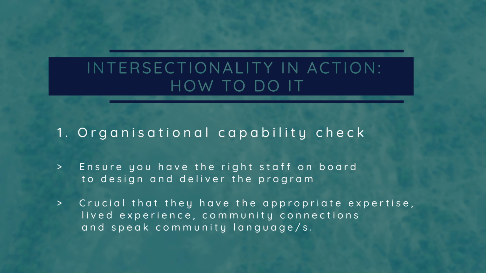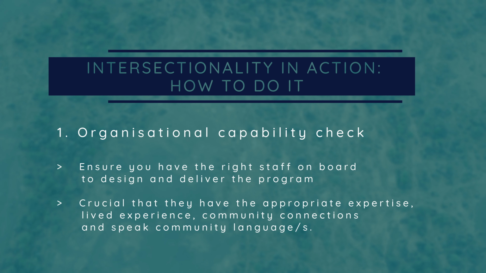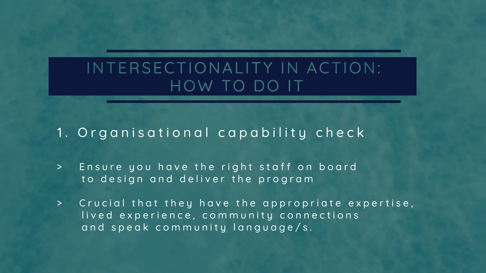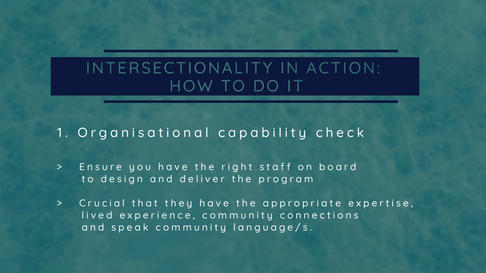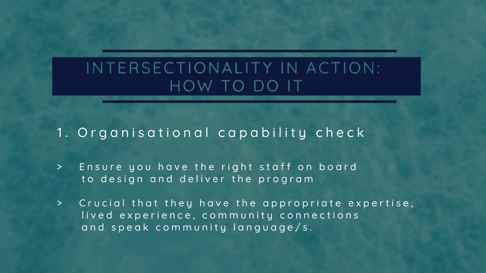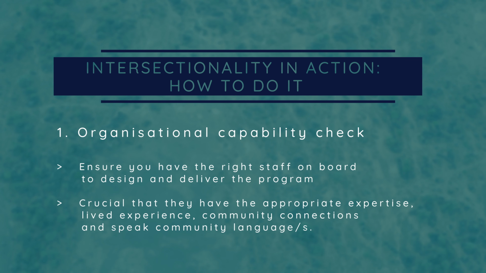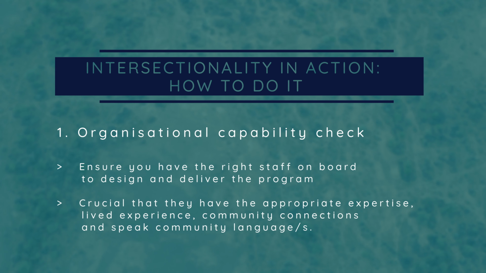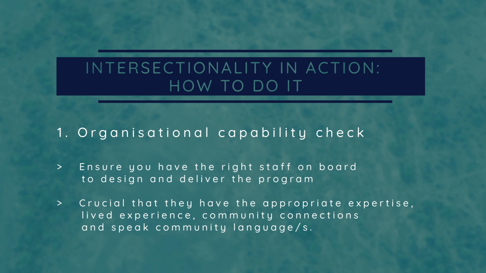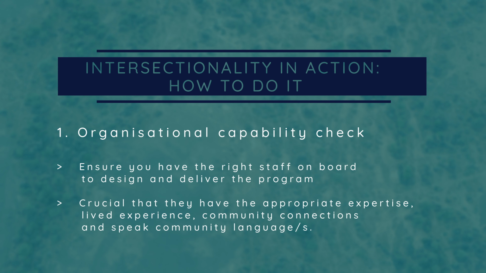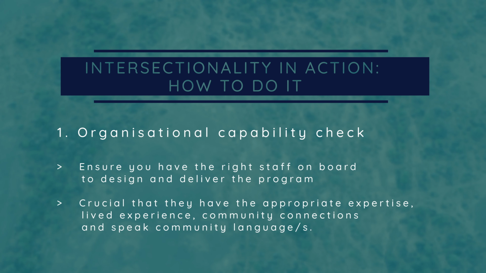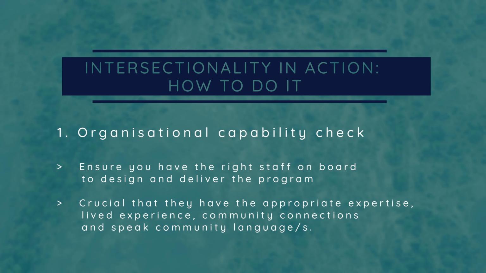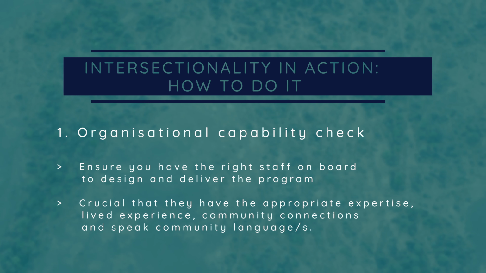One of the intersectional approaches is to have a diverse workforce, because a diverse workforce will bring in the cultural expertise, lived experience, different languages, and trusted community connections. This would ensure that the program or the service that you have is really penetrating to the grassroots level and is addressing the needs which the community might have.